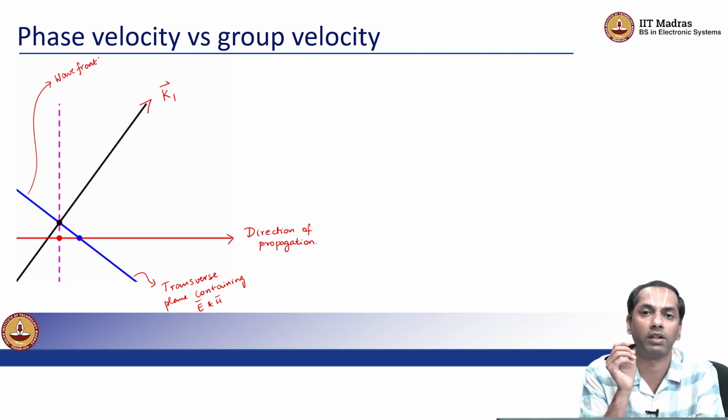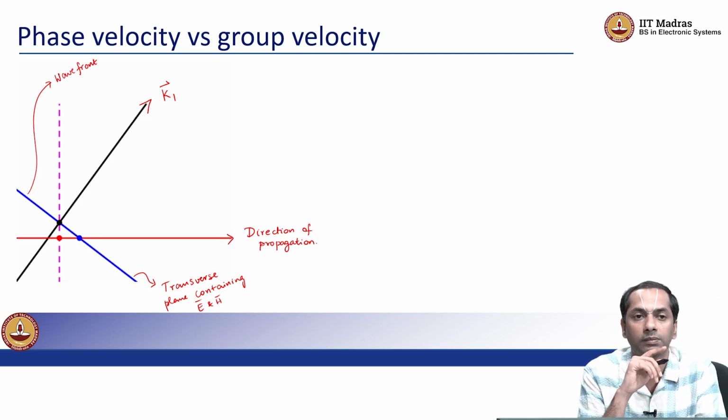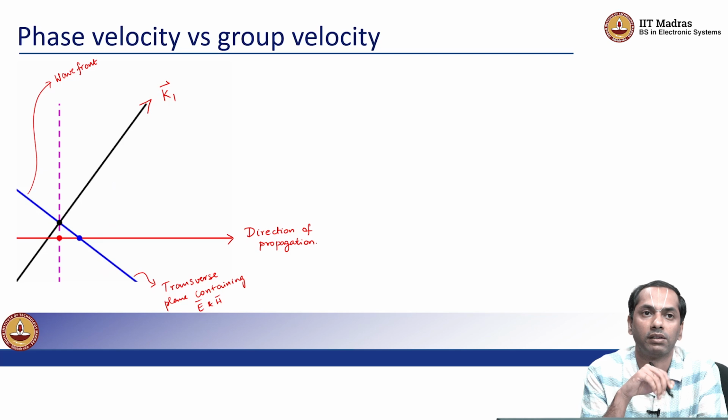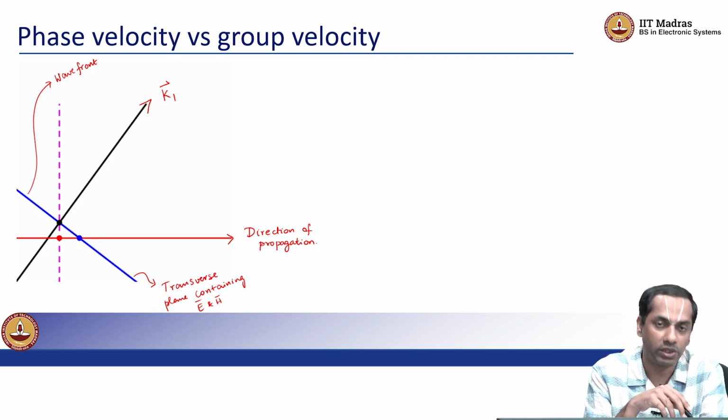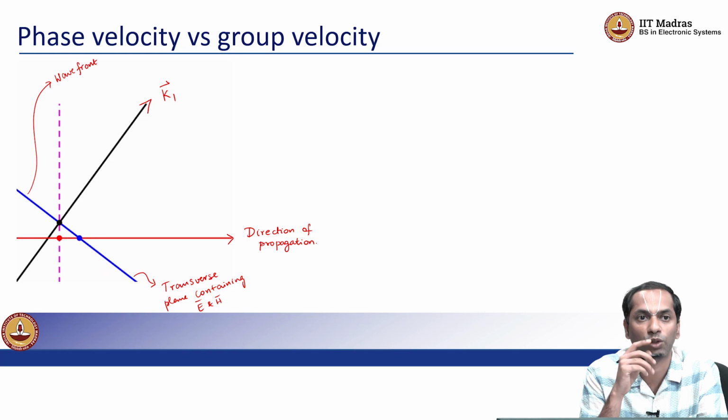So as the wave front is moving in the direction of k, we will notice two specific points. One is the intersection of the wave front with the direction of propagation, and also the projection of how much the black dot has really moved along the direction of propagation.